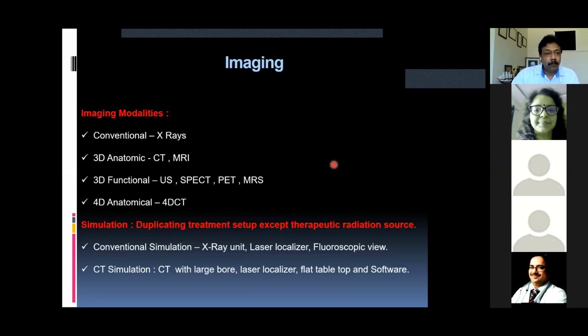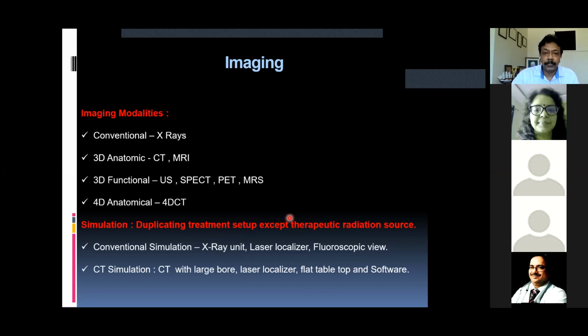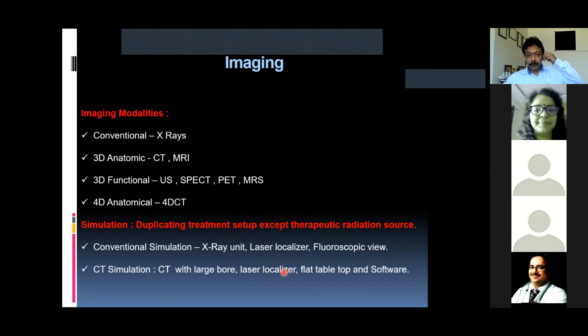Now imaging, we have various types of imaging modalities available. In conventional we have X-rays, and in three-dimensional anatomic CT and MRI, three-dimensional functional ultrasound, SPECT, PET, MRS, and three-dimensional anatomy 4D CT. In simulation also we have conventional simulation, where we have the laser.